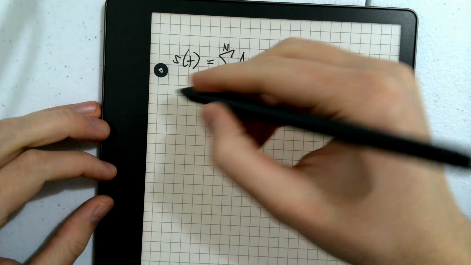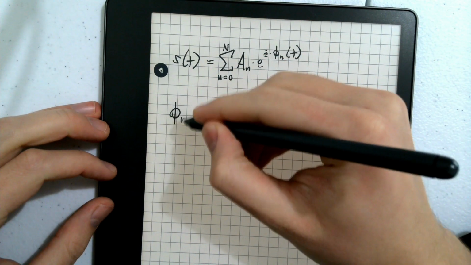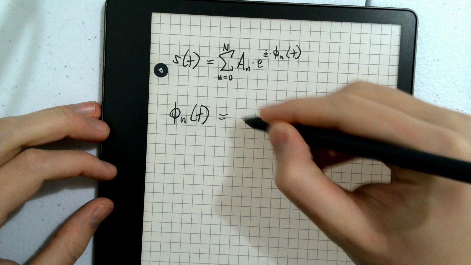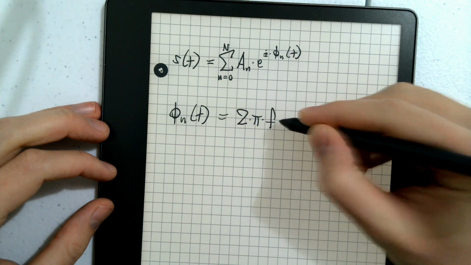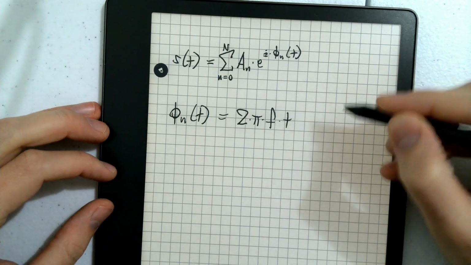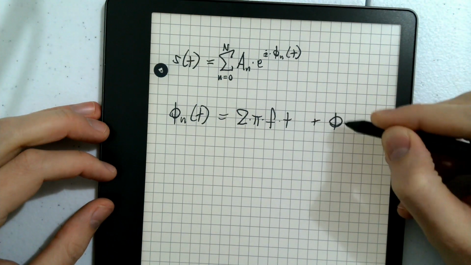Now phi sub n is going to be our moving phase, and so the components that have a higher frequency will have the phase move faster, and it's just easier to express in this equation. Phi sub n is equal to 2 pi frequency times time plus phi naught.